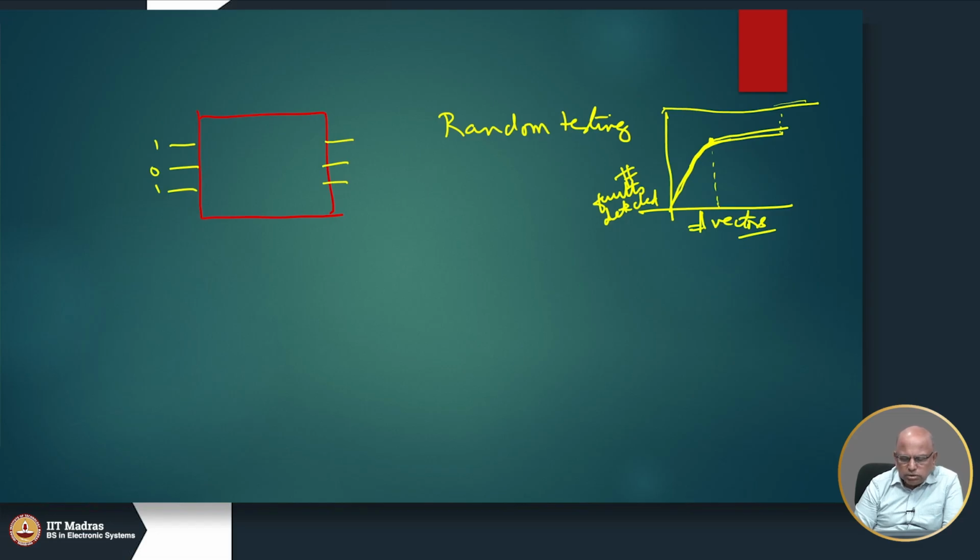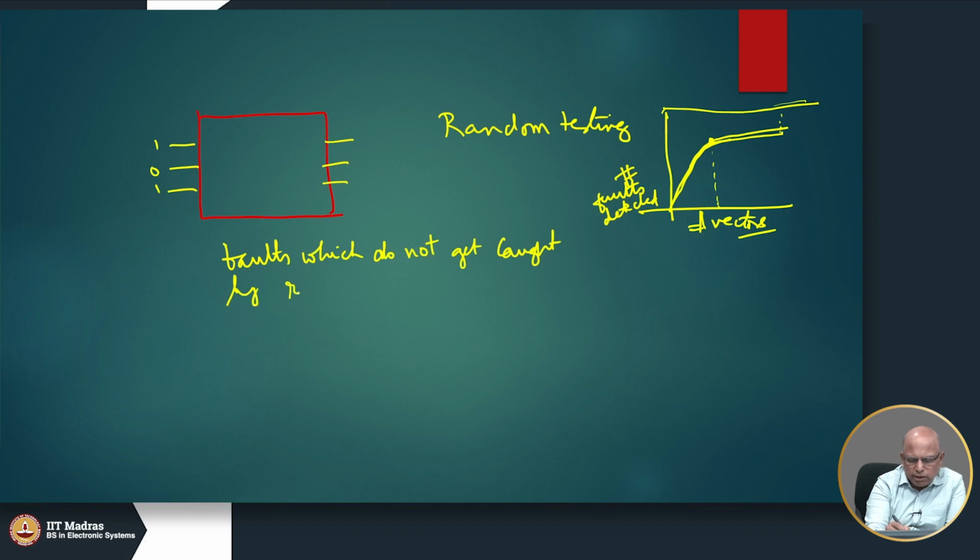So, the faults which do not get caught by random tests, we call them random pattern resistant.